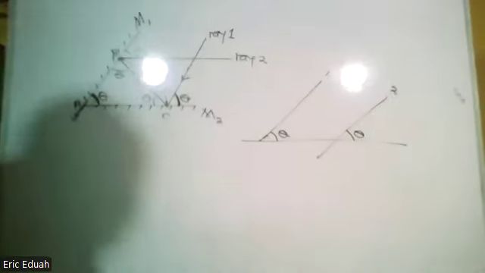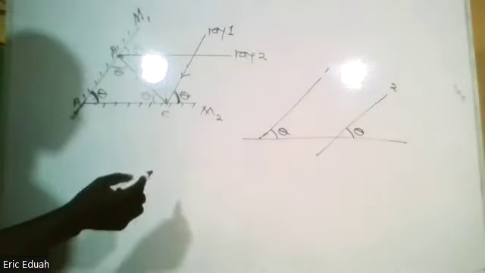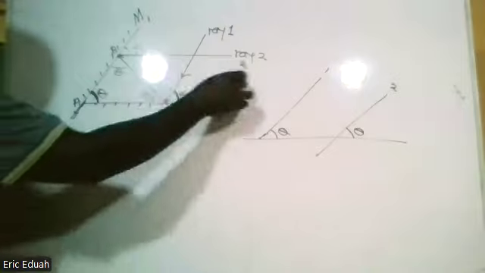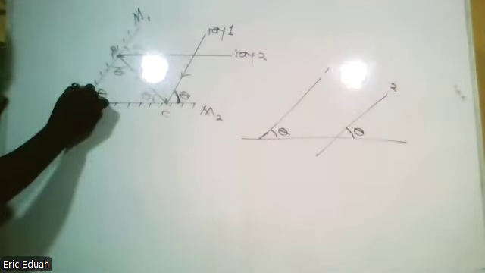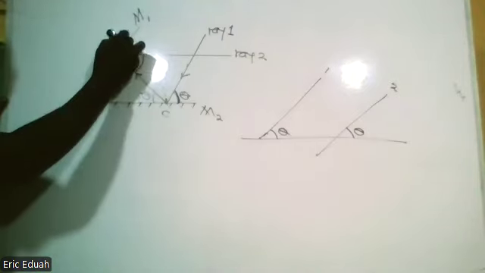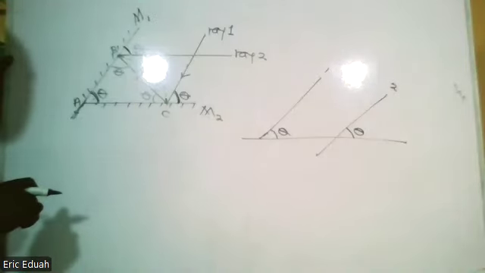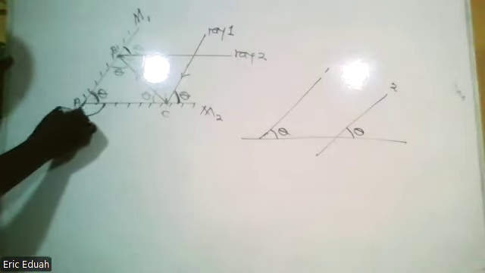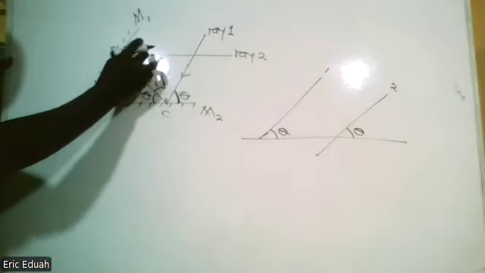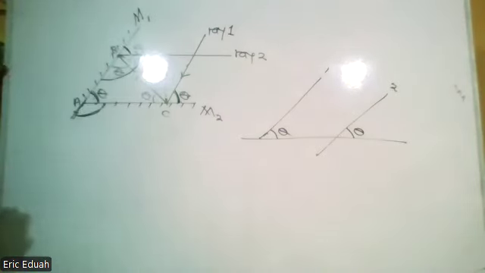Then we are also told that after the two successive reflections, ray 2 becomes parallel to mirror 2, meaning that this angle must also be equal to this angle, because when two lines are parallel, they have the same slope. Or this angle here must also be equal to this angle here, because they correspond.